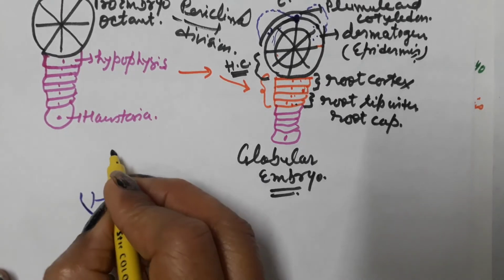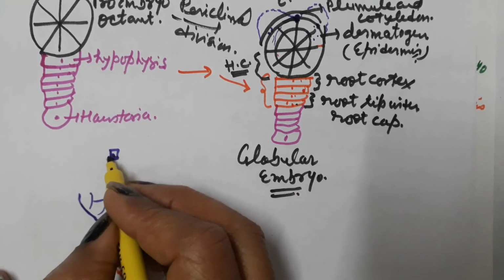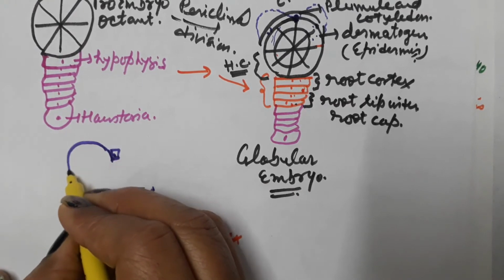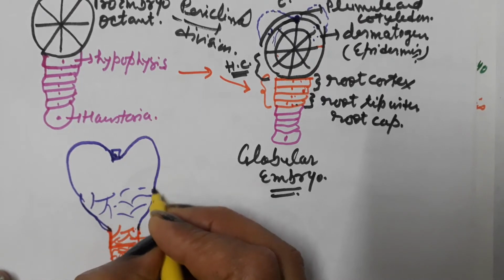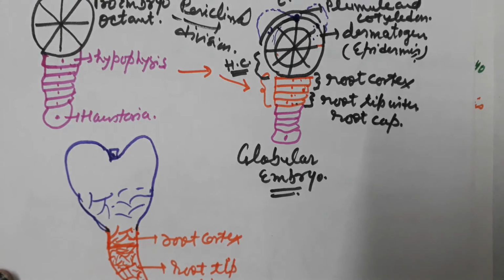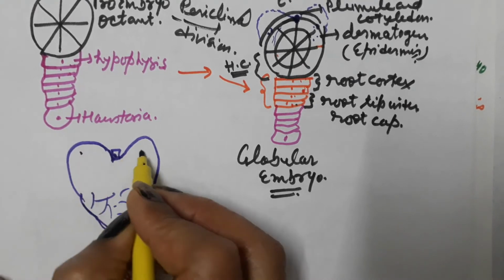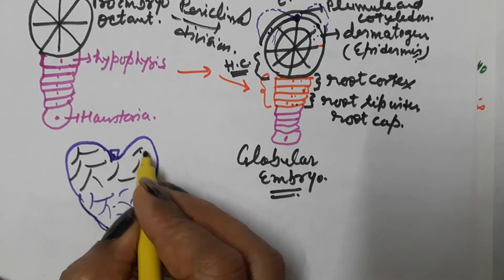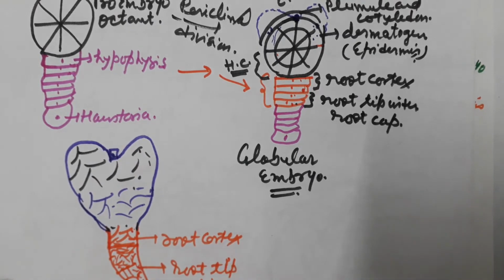In the center the plumule differentiates, and on either side growth of the cotyledon takes place. This is the cotyledon, one on this side and one on this side. So a structure like this is produced.